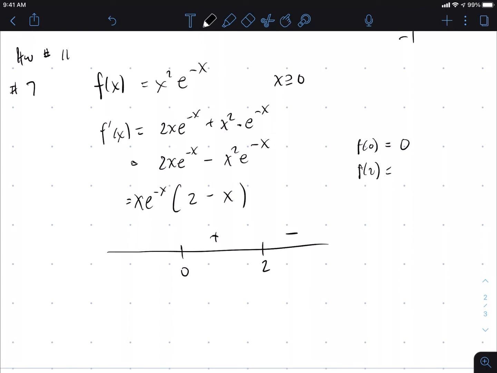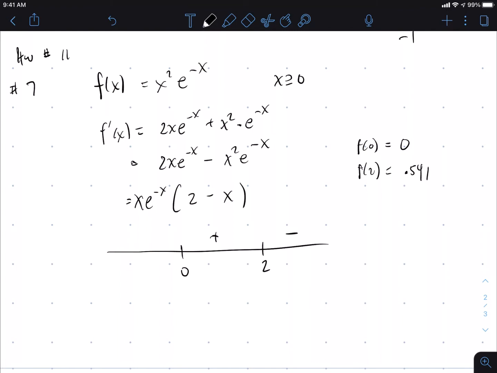What the heck is that? 2 squared times e to the negative 2. And I'm going to get 0.541, right?